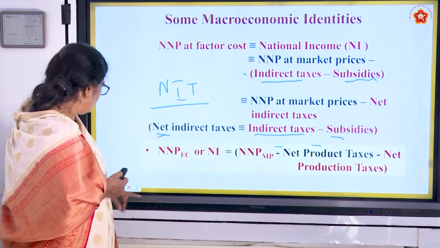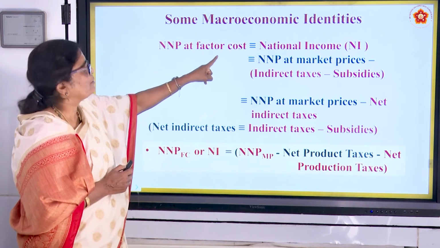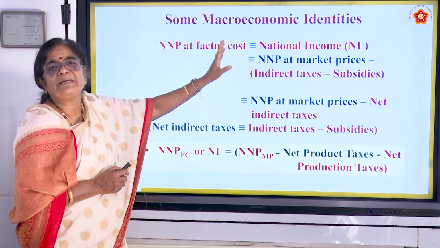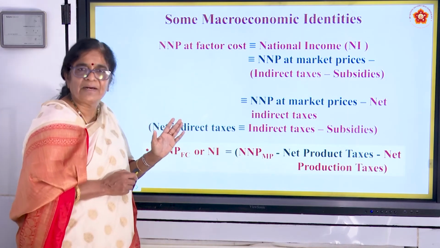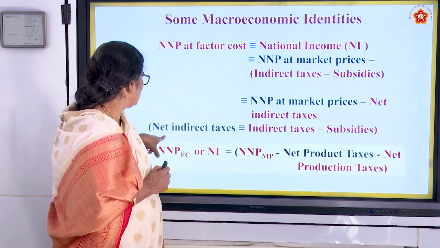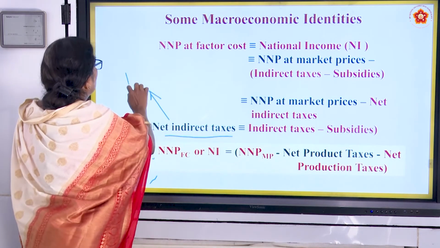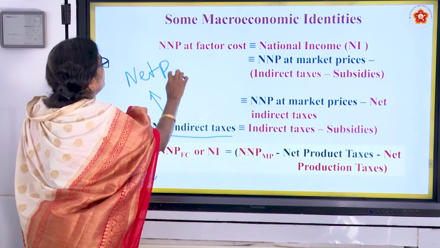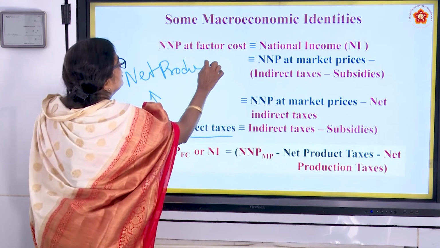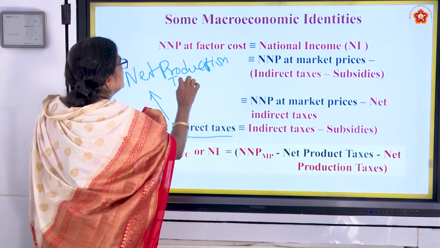And therefore, what can you write? NNP at factor cost, a very important variable in national income, is nothing but NNP at market price minus net indirect taxes. We have two components of net indirect taxes. One is net production tax, which means production tax minus production subsidy.